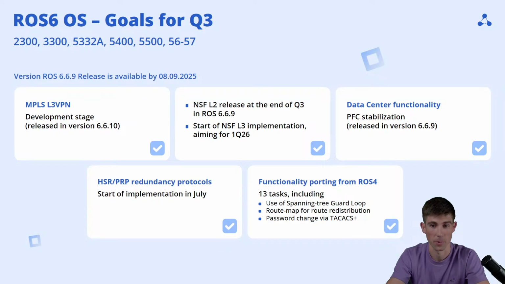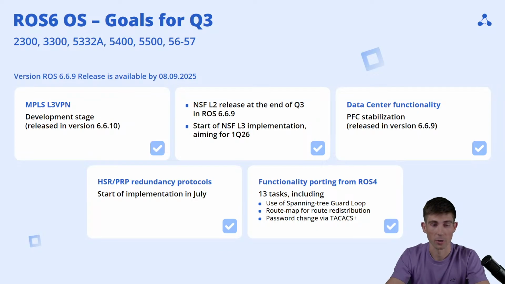It is a service provider grade feature, and it's basically designed to create MPLS tunnels and do the data transmission via these tunnels. It is still in development, and it's scheduled to be released in version 6.6.10. So it's next quarter of 2025.